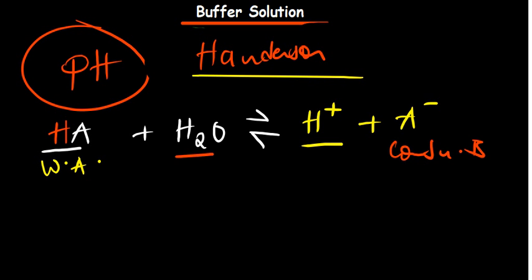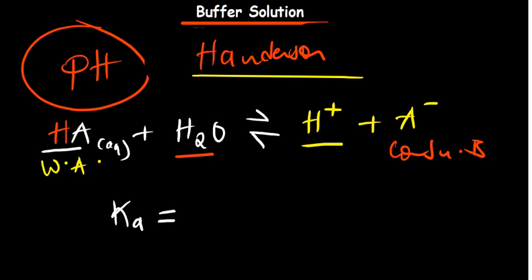Now, how do we find the Ka expression for this acid? The Ka expression is dependent on the products, and you need to pay attention to the states. This is in aqueous state, so only water is in liquid state, and we know that liquids and solids do not appear in Ka expressions.